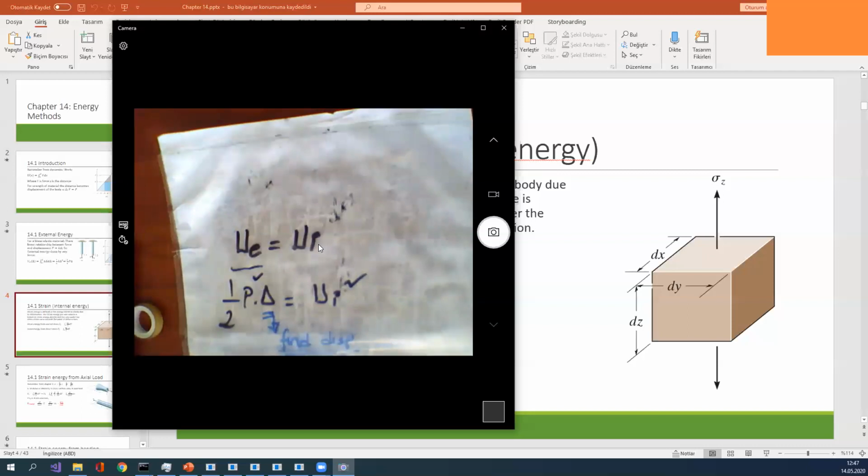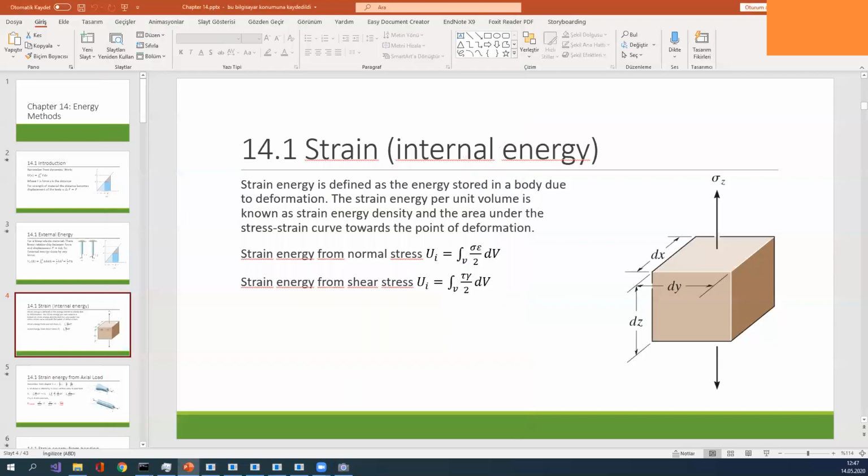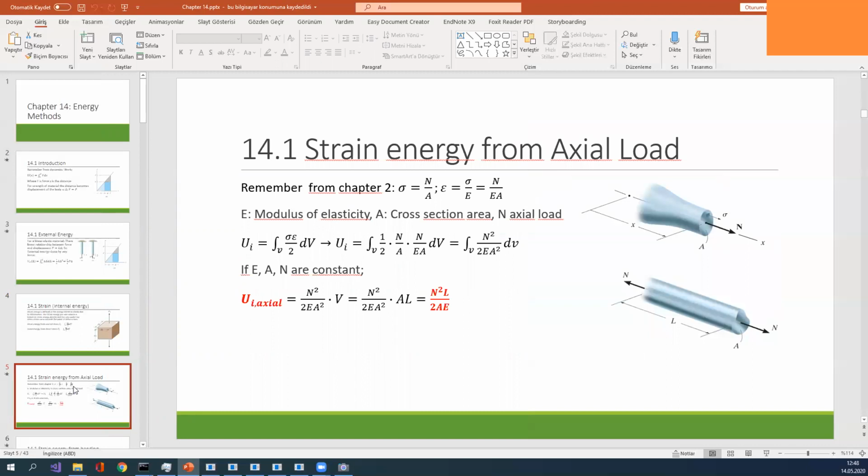So we know P, delta we want, but we don't know the U. I wrote the general formulation for U here, but I want to go into detail on the strain energy, and I want to divide the strain energy by using different internal effects.